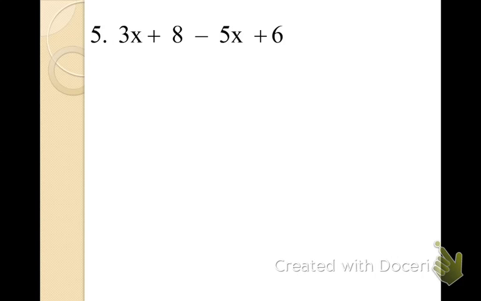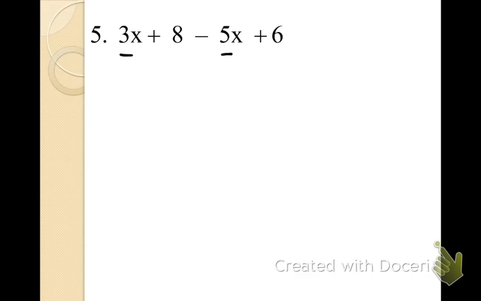Now, here's where we may need to talk a little bit, right? You can only combine terms that are like terms. In other words, I can only combine the 3x and the negative 5x. And when we combine them, we're adding them together, right? So 3x plus a negative 5x.